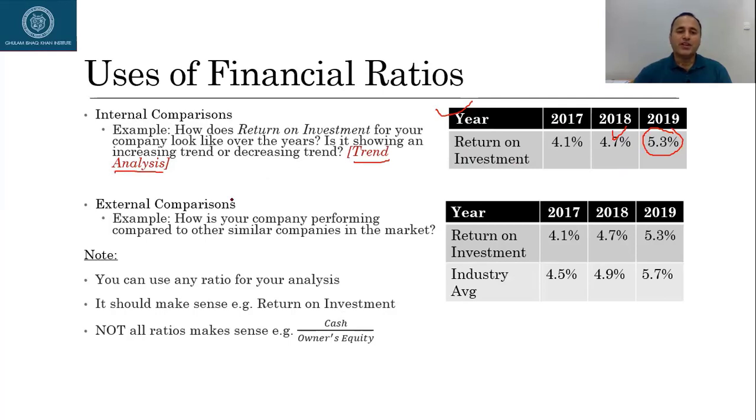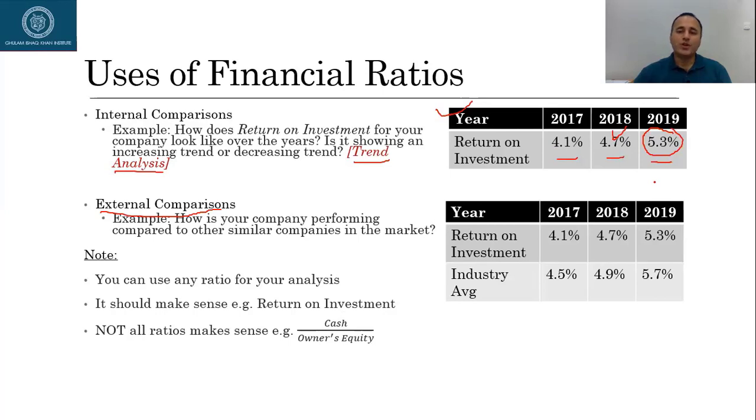Financial ratios can also be used for external comparisons. And whenever we are talking about external comparisons, normally you compare the financial ratios with the industry. So for example, internal comparisons suggest that the company's return on investment is increasing year by year, which is great.